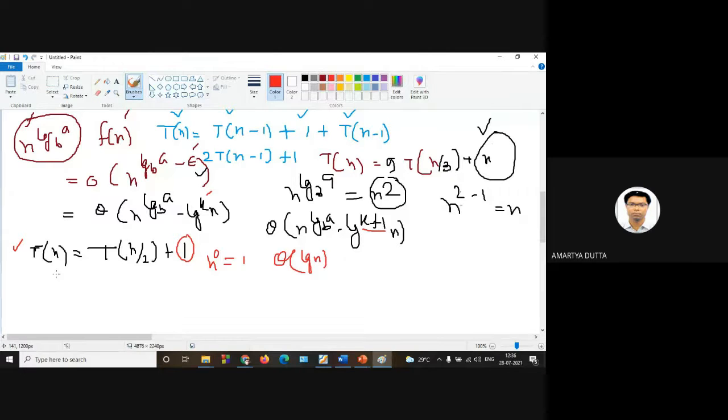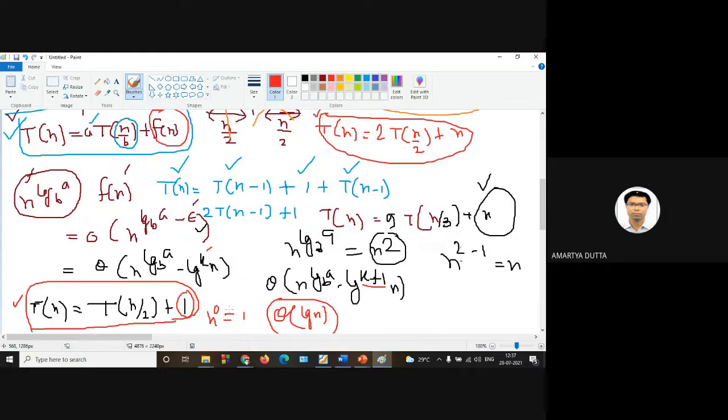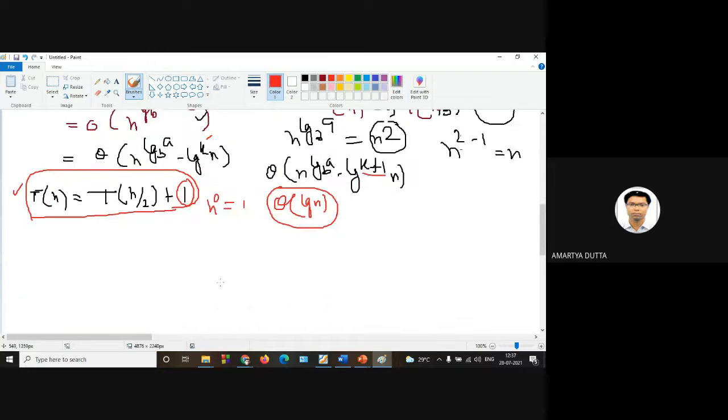So using the master theorem, this recurrence relation for binary search, T(n by 2) plus 1, the complexity will again be theta of log n. So using the substitution method, I am getting the solution order of log n. Using the recurrence tree, I am getting order of log n. Again, using the master theorem, I am getting order of log n.